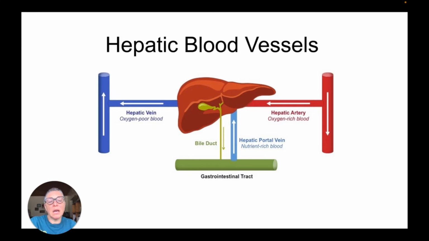However, there is this other vein called the hepatic portal vein. What's going to happen is that when food is digested and gets into the small intestine and is being absorbed into the blood, the capillaries around the intestinal tract are all going to feed into this vein called the hepatic portal vein.